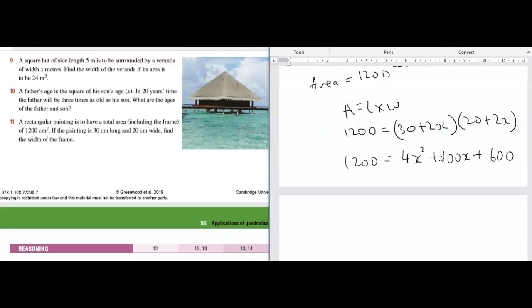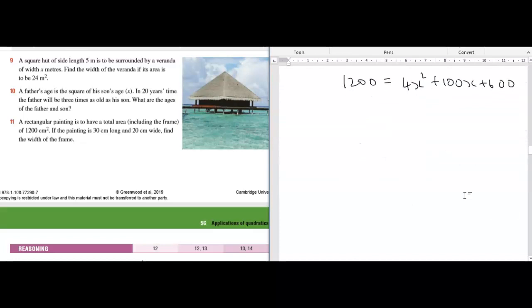Gosh, I should very much check that I've done that right. So 2x times 20 is 40x. 2x times 30 is 60x. Good. I don't know whether you can hear, but there's a noisy plane overhead. And I feel like I'm just writing the same thing again.